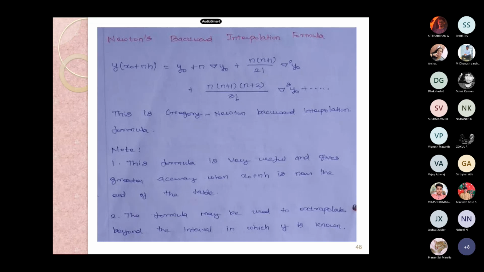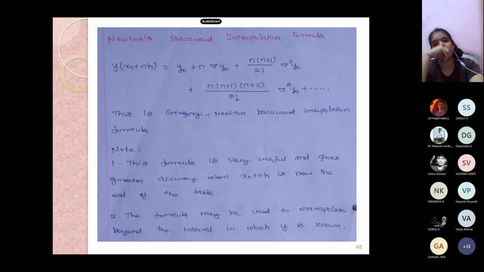In the same manner, backward interpolation returns accurate results when the unknown is nearer to the n values. The formula can sometimes be applied for finding an unknown which doesn't fall in the given data set, usually called extrapolation. This is the Newton backward interpolation formula.